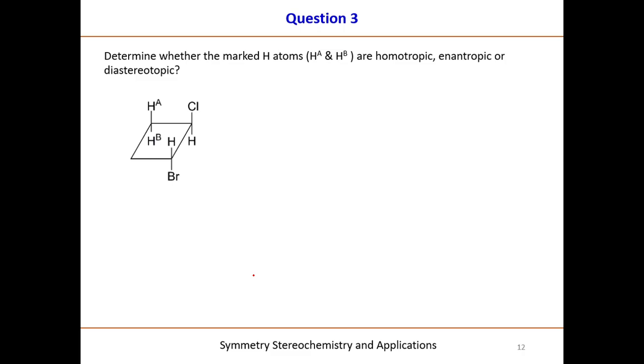Here you can see that HA and HB are present on the same carbon. So we will check the chirality and the topicity here. First, for a diastereotopic molecule, we will interchange one hydrogen by any halogen atom.